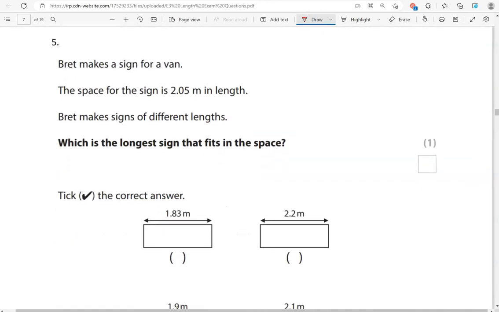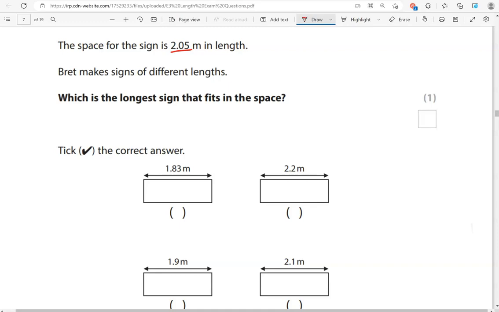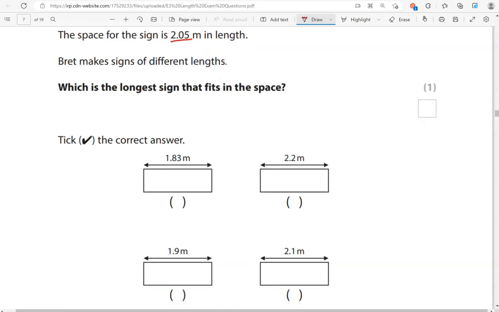Brett makes a sign for a van. The space for the sign is 2.05 meters in length. Brett makes signs of different lengths. Which is the longest sign that fits in the space? Tick the correct answer. So first one is 1.83, which is below 2.05, so that's a possible answer.